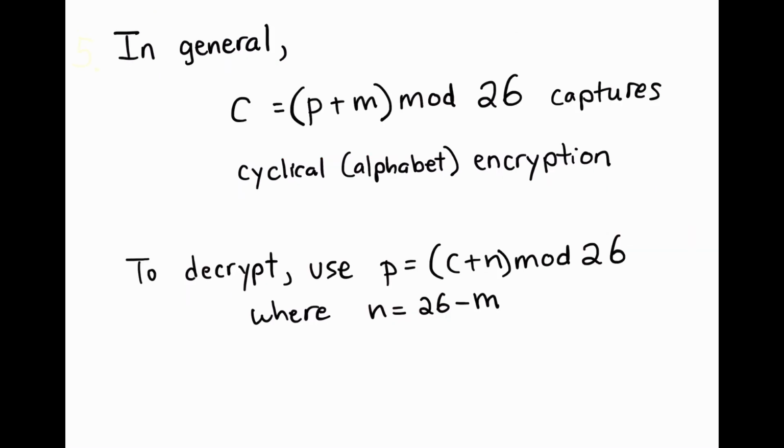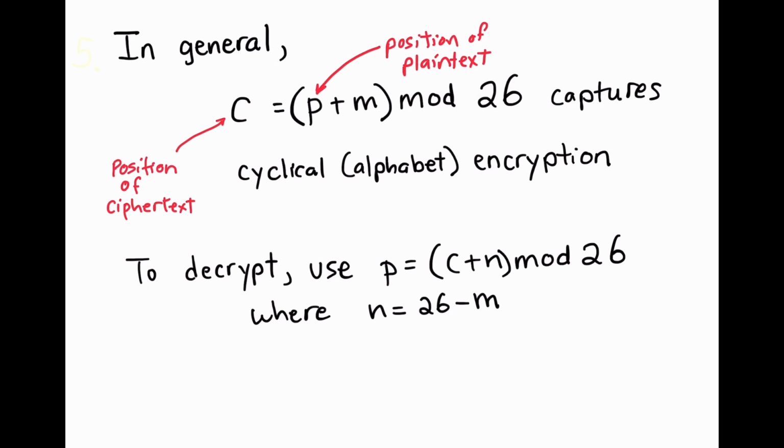In general, if C represents the position of the ciphertext, that's the number, and P represents the position of the plain text, and M represents the shift, the translation, then the ciphertext number is given by P plus M mod 26. So this captures cyclical alphabetic encryption.